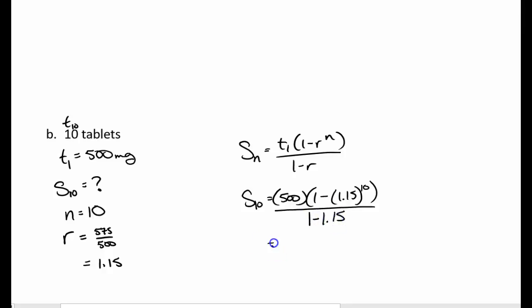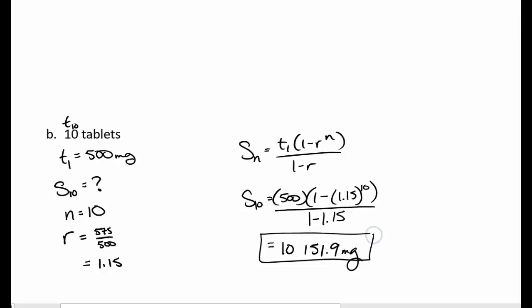And I'm going to punch this into my calculator to get my answer. So what I end up getting after I punch all of this in is 10,151.9 milligrams of this antibiotic.